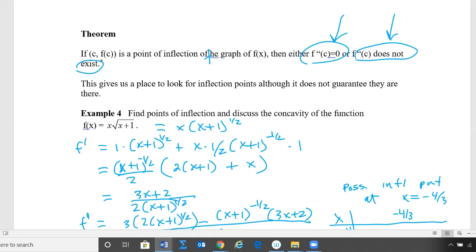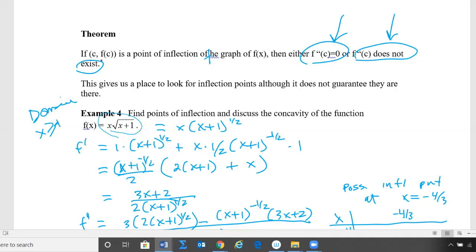Notice that the domain of the original function doesn't go to the left of -1 anyway. You may notice that. So we really only have a domain here for x greater than or equal to -1.